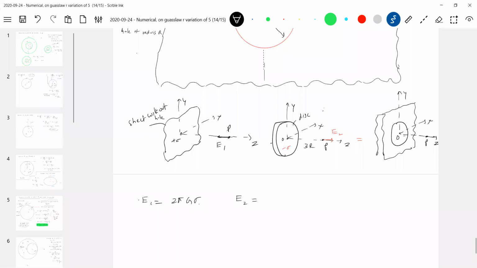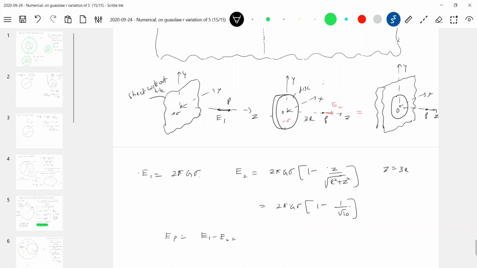So what is the value of this? 2 pi g sigma times 1 minus z over the square root of r square plus z square. What is the value of z? 3r. Substitute this. That negative density I'm already showing, so I'm going to subtract here later. 1 minus z over the square root of z square plus 9r square... here the r will cancel out, so 1 by root 10. What is the net field at point P?